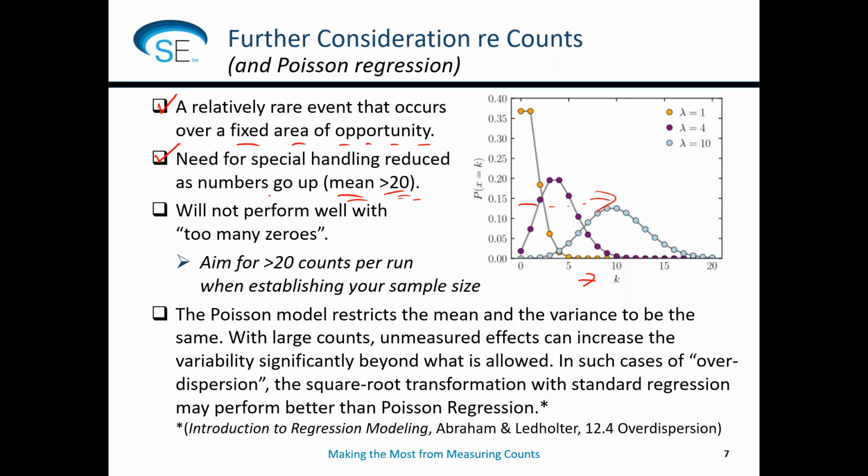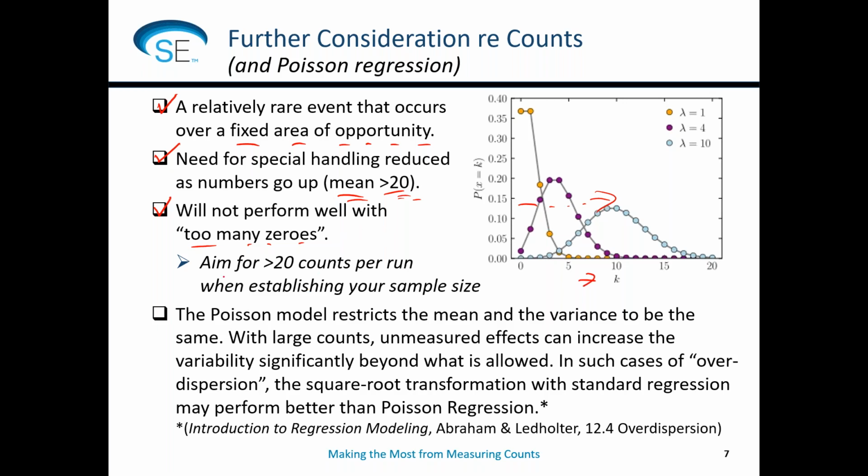I also discovered, as I was digging into this Poisson regression, that there's a problem of what they call, quote unquote, too many zeros. Unfortunately, I wasn't able to find out exactly how many zeros is too many. So far, I have not come up with that, just that there's a problem if you have too many.